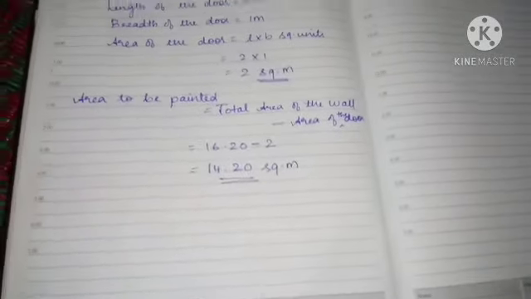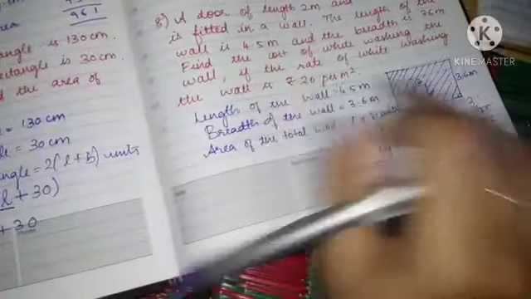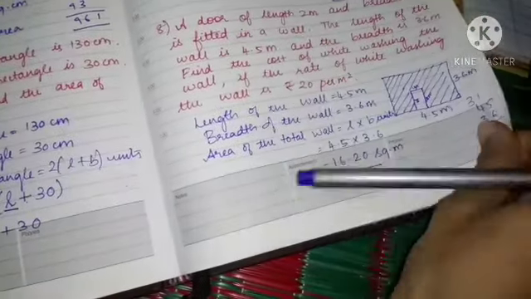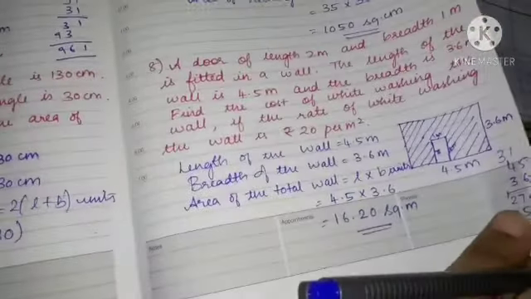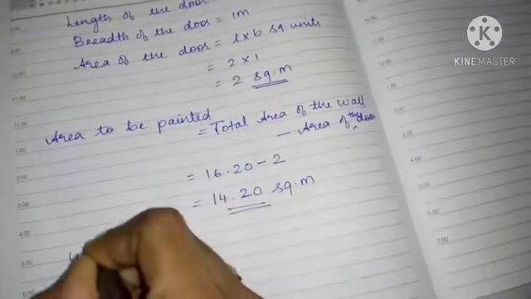So what is the cost of that painting, children? For 1 meter square 20 rupees, correct? So the rate of whitewashing for 1 meter square.